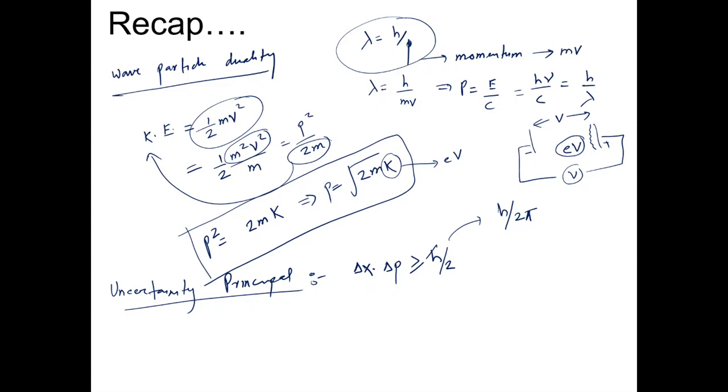The same is valid for other reciprocal entities like the energy and time. So you have delta E times delta t is greater than or equal to h bar by 2.